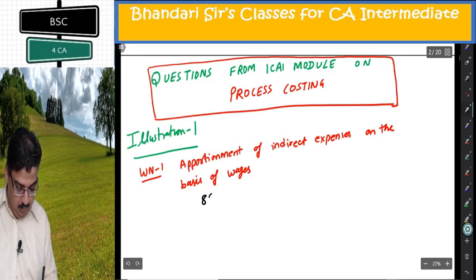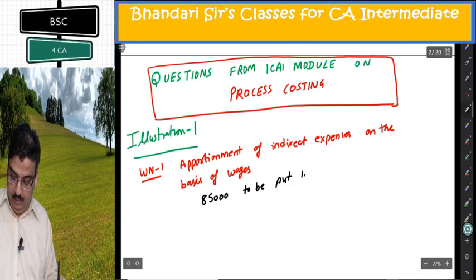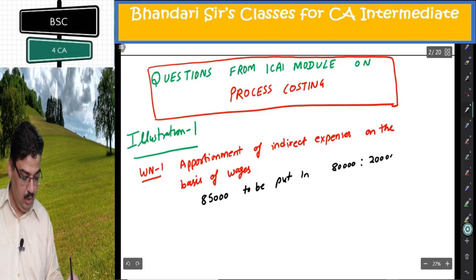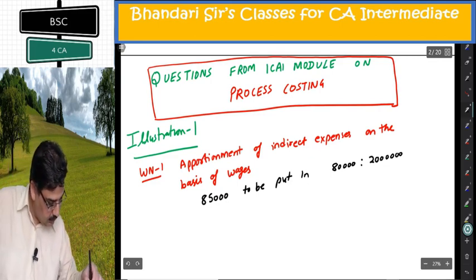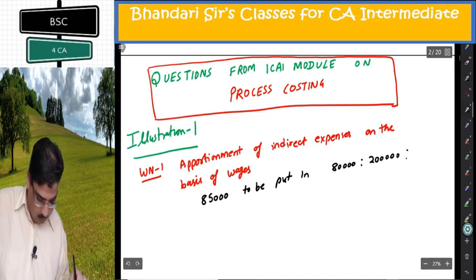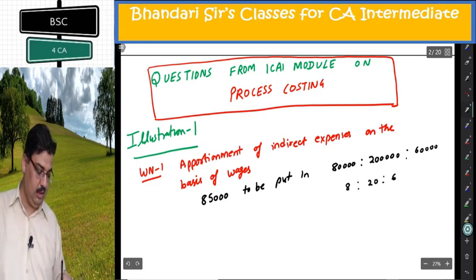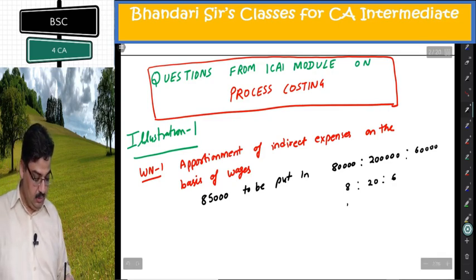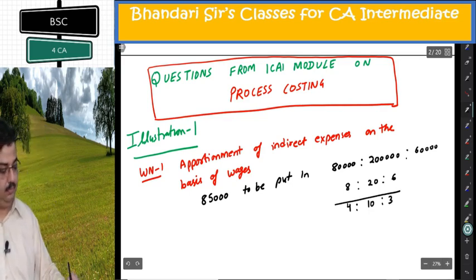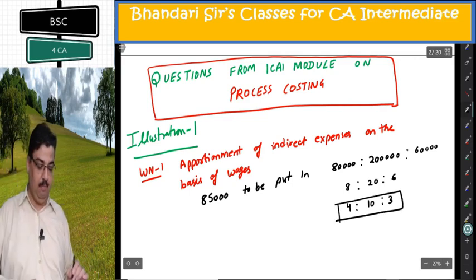What we are going to do is put 85,000 in the ratio 80,000, 2 lakh, 60,000, which is 8 ratio 20 ratio 6, which becomes 4 ratio 10 ratio 3. This is the lowest form I can put it in.